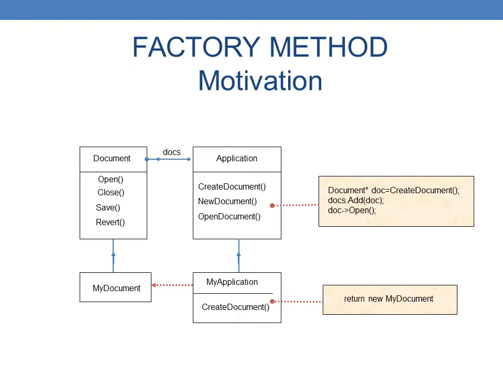Then doc.Open, so the doc is going to be opened. So the application has CreateDocument, and using CreateDocument we open the particular document. The inherited class creates an instance, and that instance is going to call particular operations in the document class.